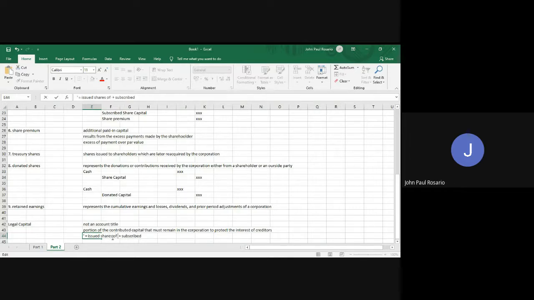Shares of stock. Number of issued shares of stock plus the number of subscribed shares of stock. And then we multiply that by the par value.